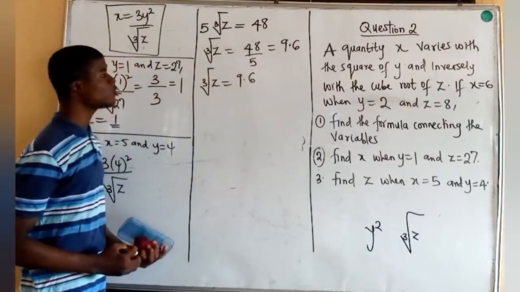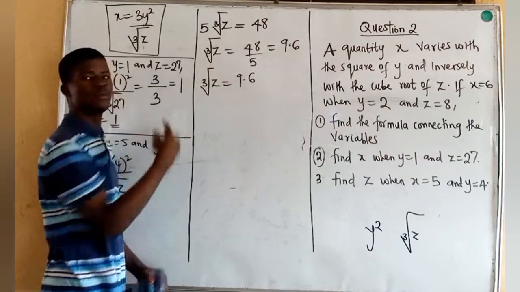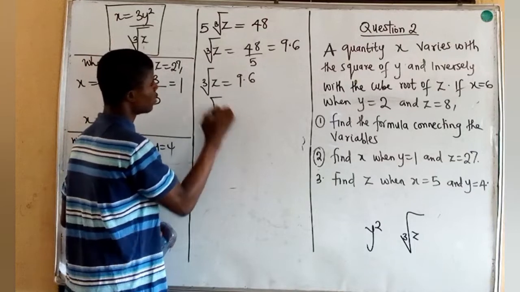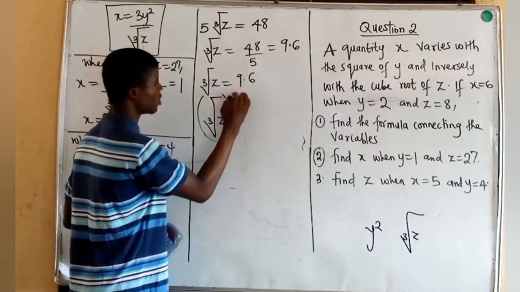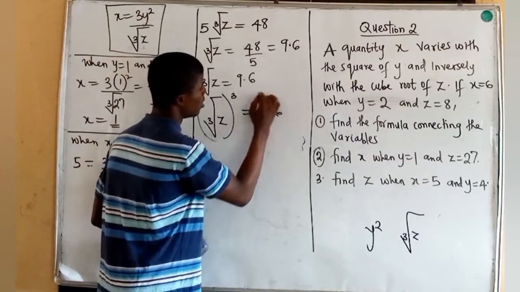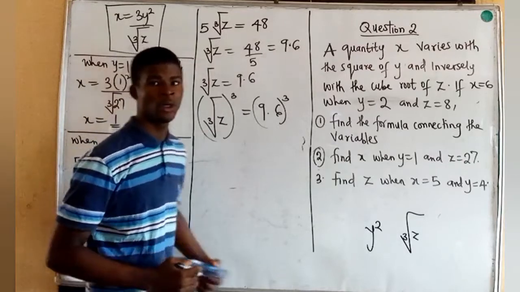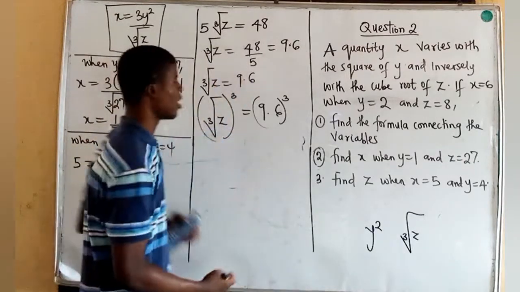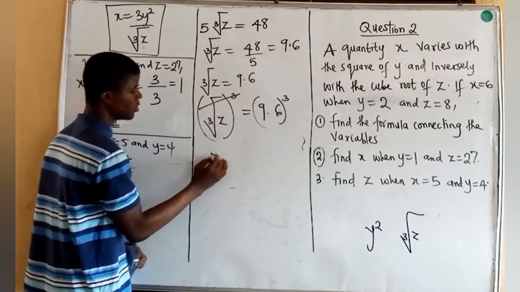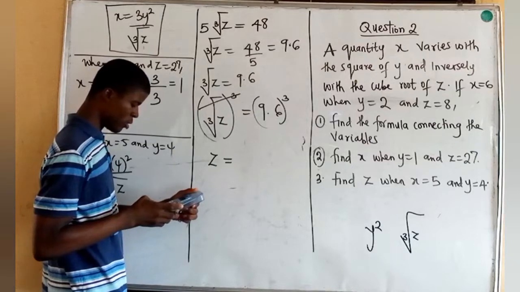So the cube root of z is equal to 9.6. So what to do now to free z is to take the cube of both sides. So the cube root of z, all raised to the power of 3, that's what it means to take the cube of both sides, is equal to 9.6 raised to the power of 3. Whatever you do to the left hand side of an equation, do the same to the right hand side, and vice versa. So this cube will take away the cube root, z is left. I have 9.6 raised to the power of 3.